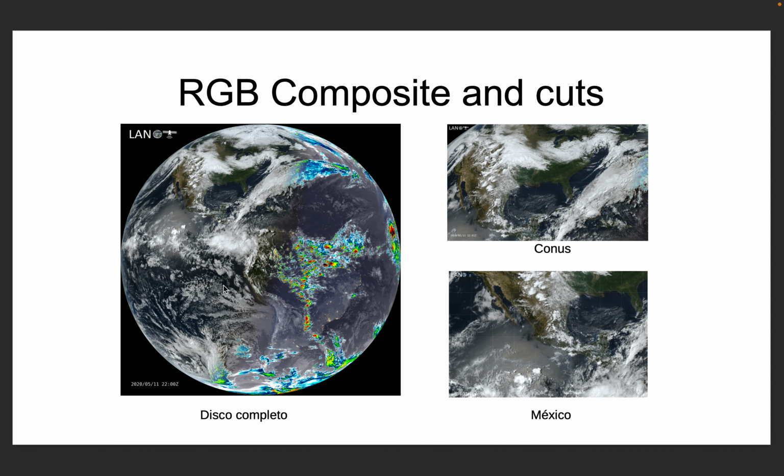We use CONUS a lot because almost all of Mexico is included in CONUS. And every 5 minutes we get data. And we also create some other sectors, like this one that includes part of Central America and South America.